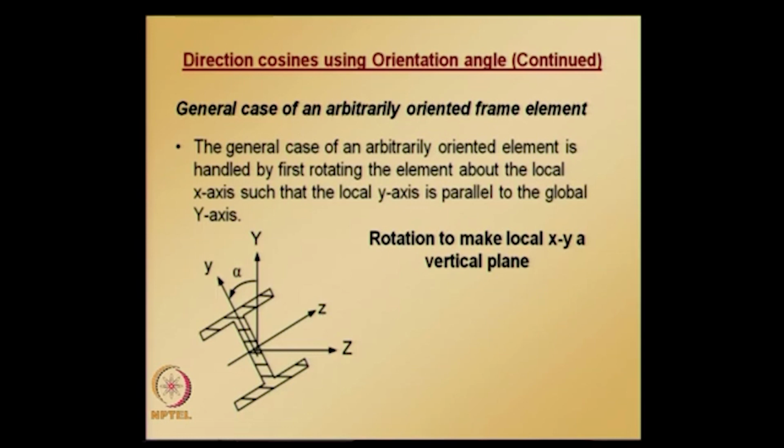So, rotation is taking place about the x axis, and we do some rotation about the local x axis to make this local y axis parallel to the global y axis, and this alpha is the angle between the local y axis and the global y axis measured in the counterclockwise direction.